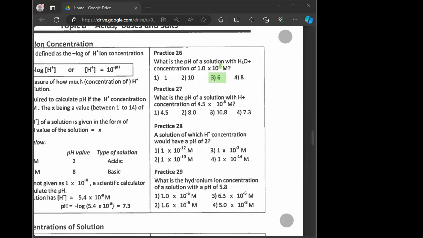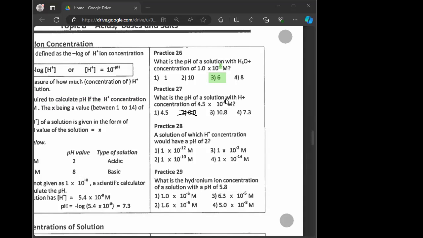What is the pH of a solution with a hydrogen concentration of 4.5 times 10 to the negative 8? In this case, it's not going to be option 2. The reason is it would only be option 2 if it was 1 times 10 to the negative something, but it's not. So because it's not, we're just going to use the trick to estimate.